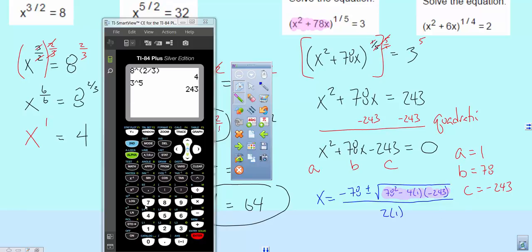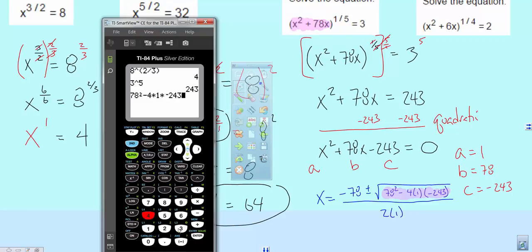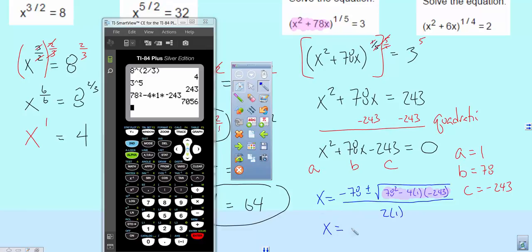So I do 78 squared minus 4 times 1 times negative 243. So that means that under my radical, I have x is equal to negative 78 plus or minus the square root of 7,056 divided by 2.